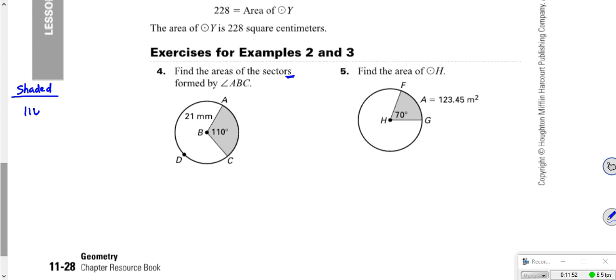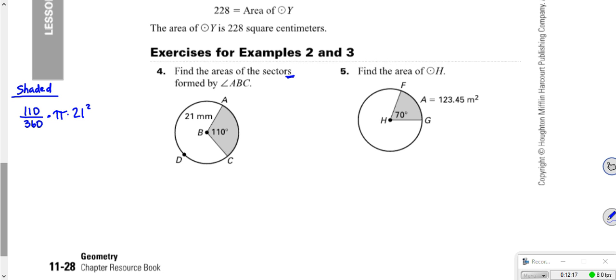So this is going to be 110 over 360 times the area of the whole circle. So that is pi times 21 squared. Again, intercepted arc or central angle over 360 times pi r squared.